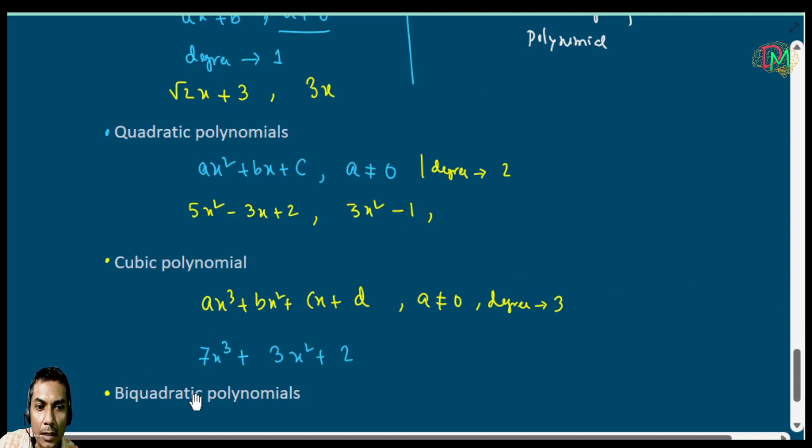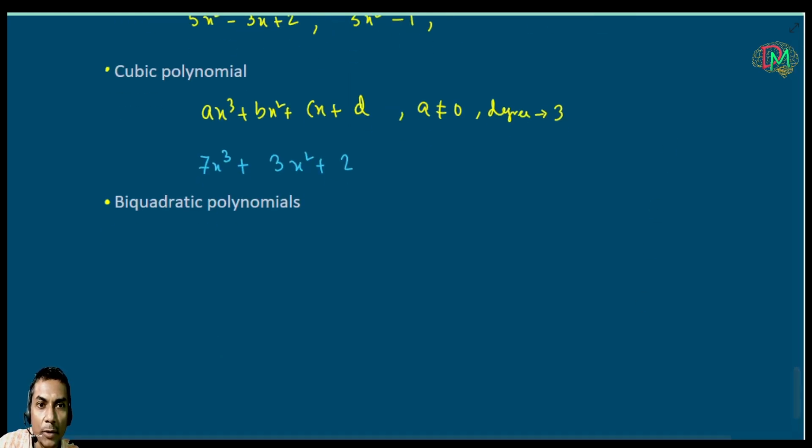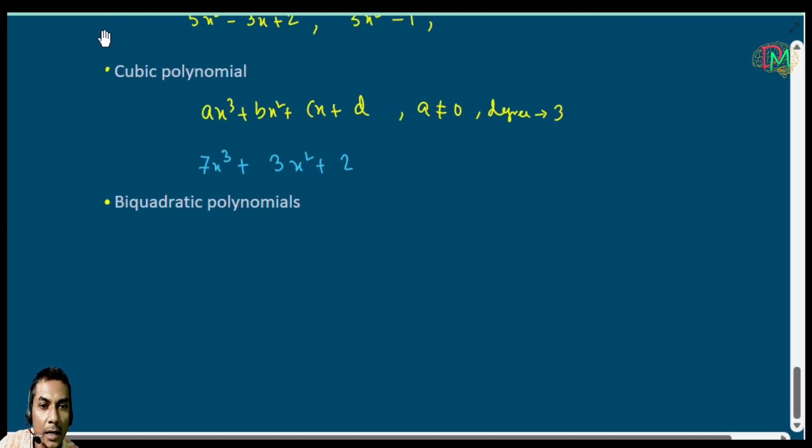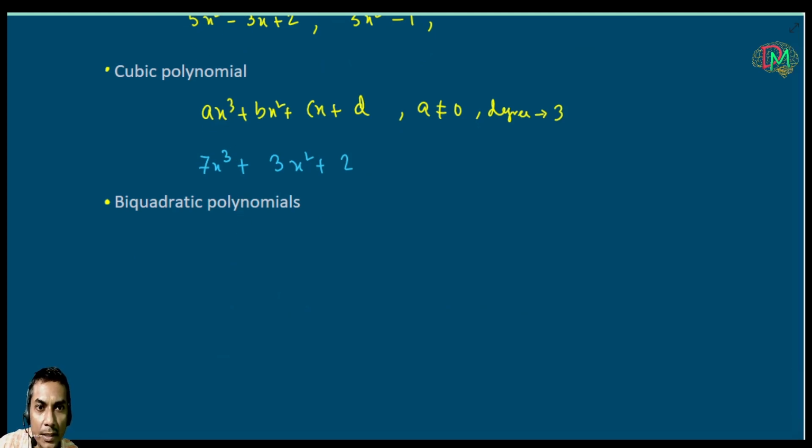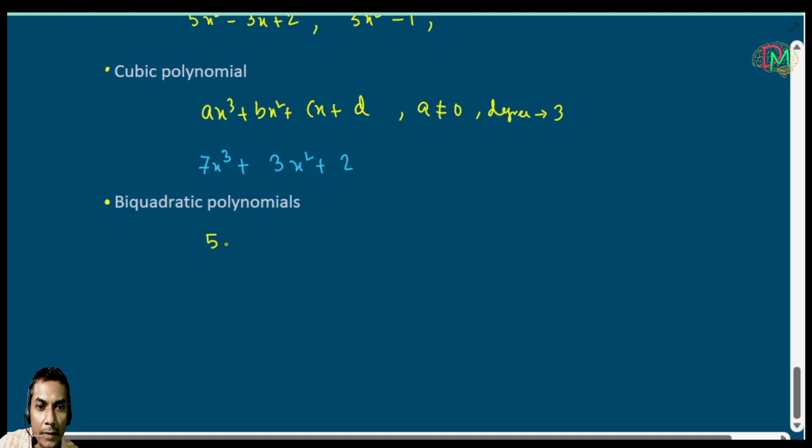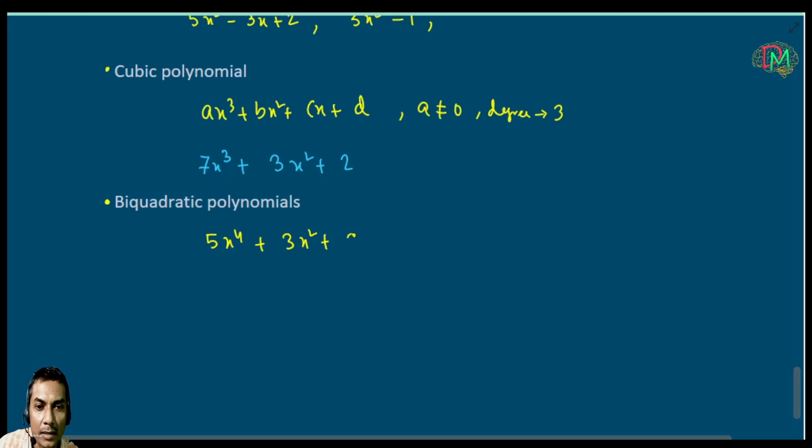Clear? And next are the biquadratic polynomials. Biquadratic polynomials are of degree 4. So we can simply take an example, that is 5x4 plus 3x square plus 2x plus 1.